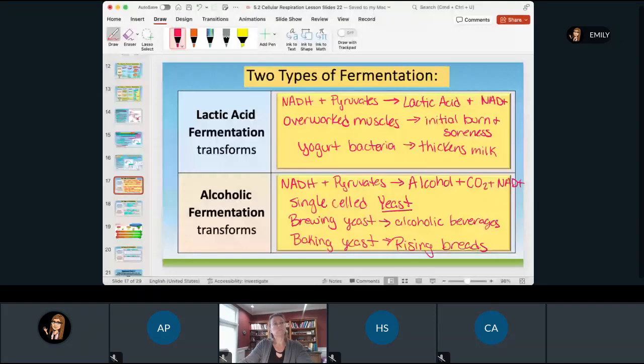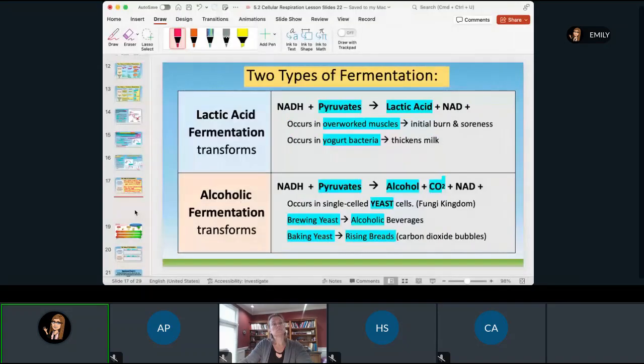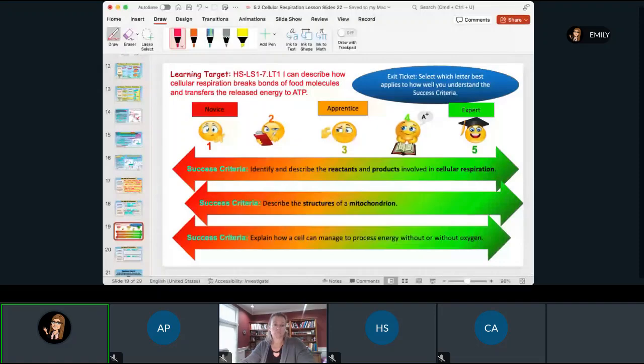Okay. Questions on fermentation? Okay. Here's a nicer looking chart than what I wrote, but again, that's in your notes. And so I want to see where you guys are at with this lesson.